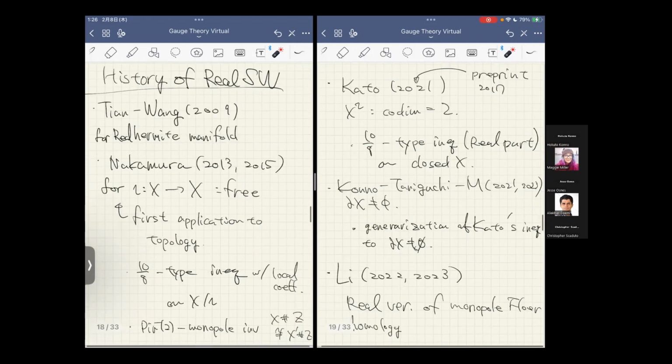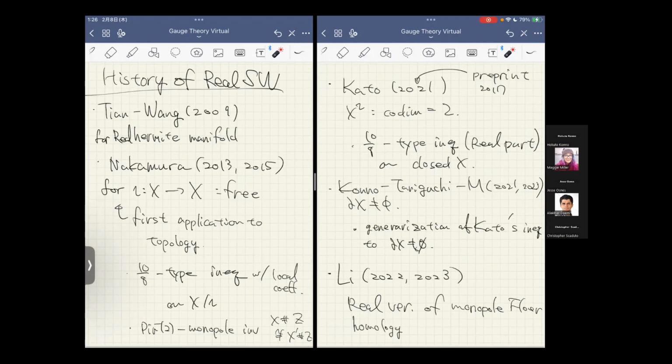After that, Yuya Kato considered real Seiberg-Witten theory when the involution has a non-empty fixed point part, and he proved a real version of the 10/8-type inequality.